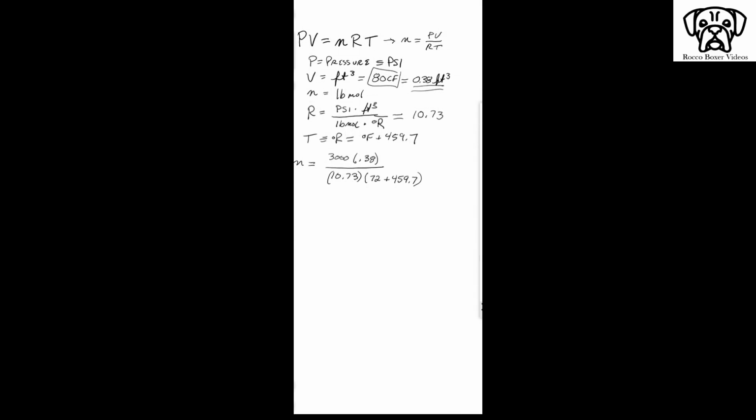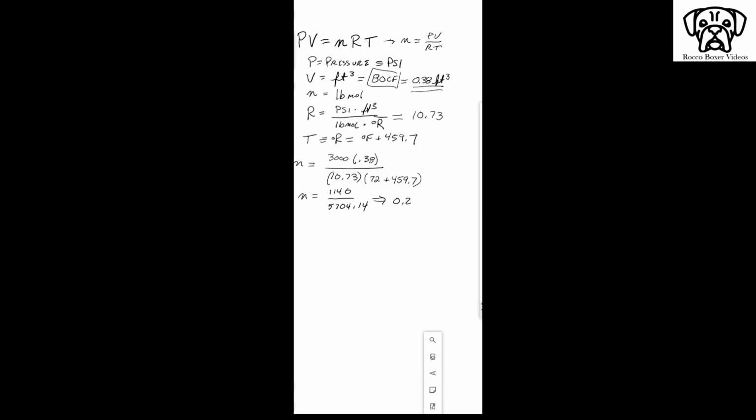This thing slides around a little bit, I apologize for that. If you do those calculations, we get n equals 1140 divided by 5,704.14, to be exact today.